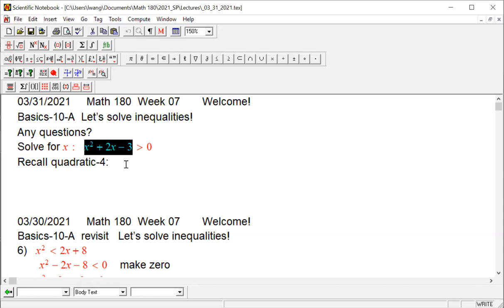How did we solve this? If you go back, this one can also be solved by factoring, as a matter of fact. Recall the methods in quadratic 4: we make a perfect square, and then we identify the x-intercepts, y-intercepts, and so on and so forth.